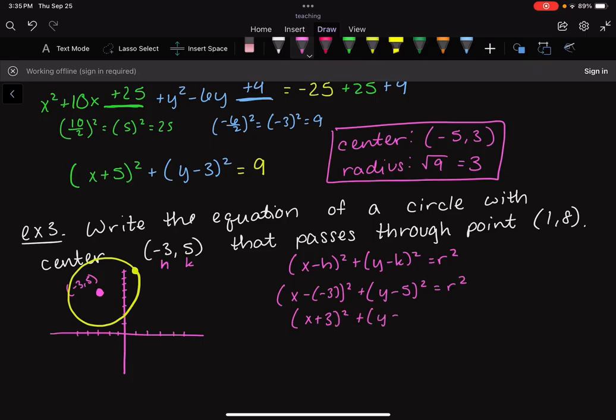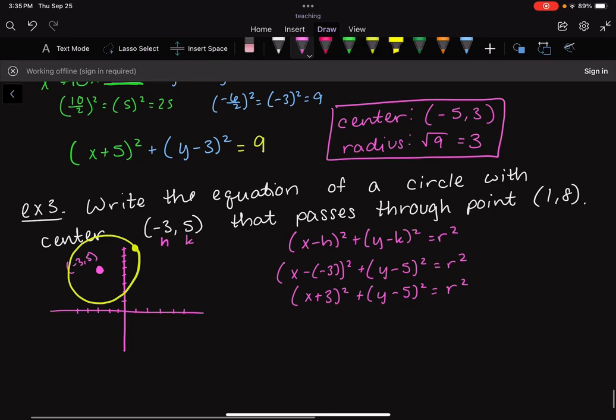The problem is I can't figure out my r with this. So we need to figure out a way to do this. What I'm looking for is this distance right here. Oh, look at that. I just said the word distance. Maybe we should use the distance formula.